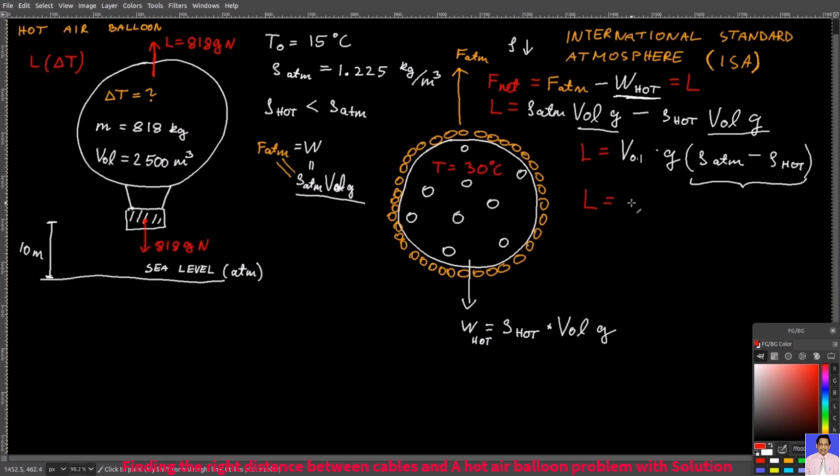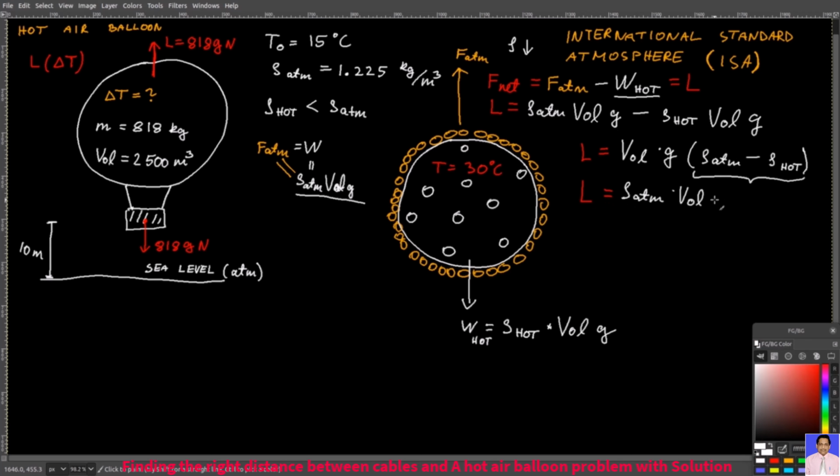And then we can also rewrite this lift like this. We can take out this rho ATM, and then I still put here volume times G, and then here I have 1 minus rho hot over rho ATM.